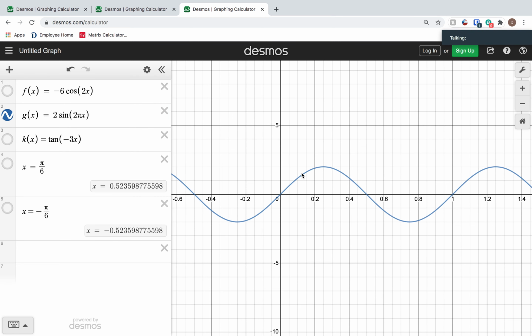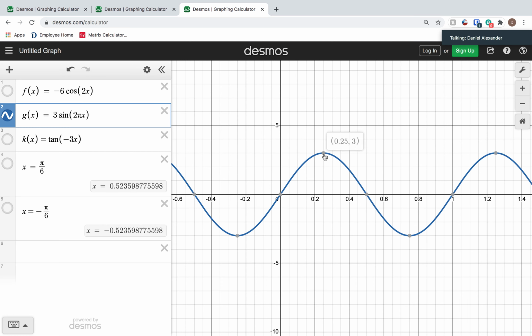You can see the period is 1. The high point is going to be at 1/4, 3. It's going to cross the axis at half the period, so 1/2, 0. The low point is going to be 3/4, minus 3. And then we're going to complete the period at 1.